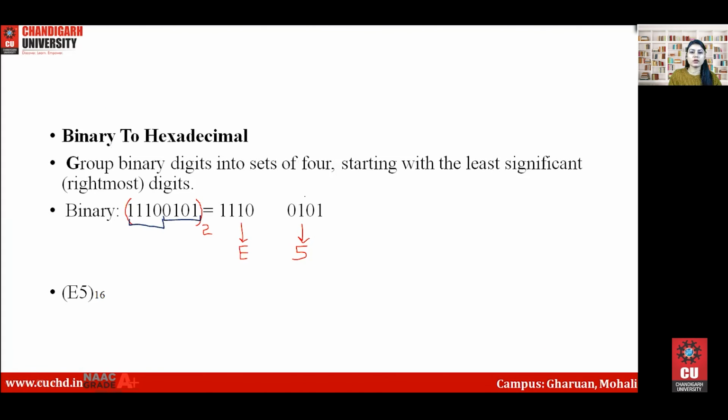When I convert these into decimal again, this will give me 5, and this will give me 14, which is represented as E. So my answer will be E5 base 16. This is how you convert a binary into hexadecimal.